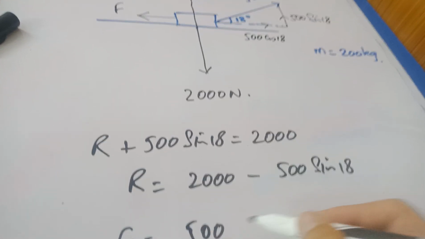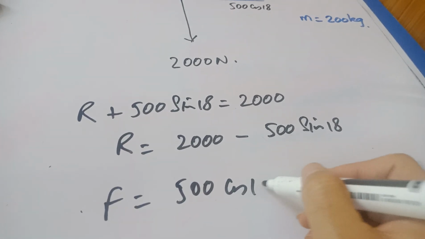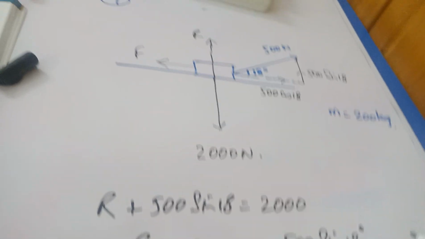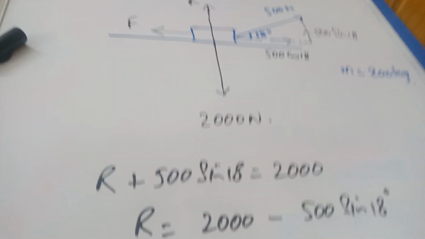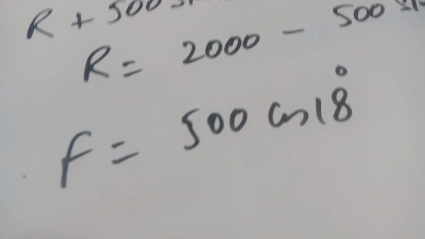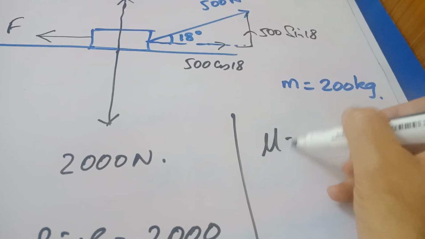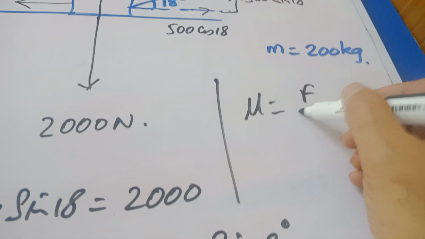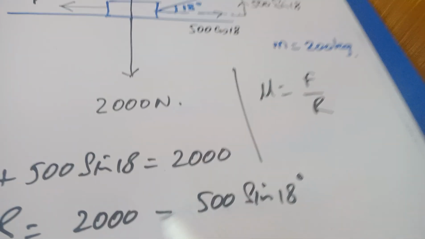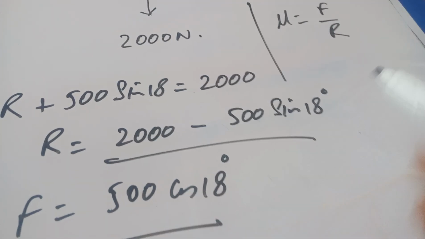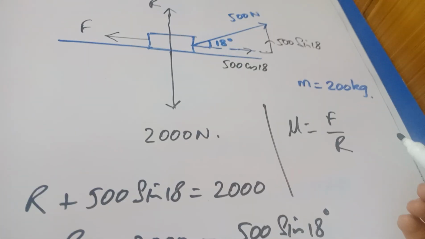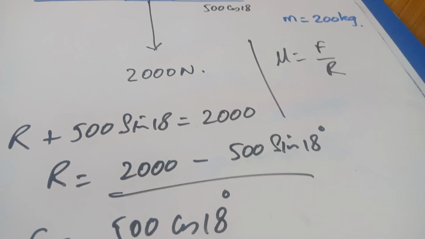Since it's a case of limiting equilibrium, we can use the formula F equal to mu R over here. So this mu would be F over R. You use this exact value and this value and write your mu correct to 3 significant figures. That is the required value of mu.